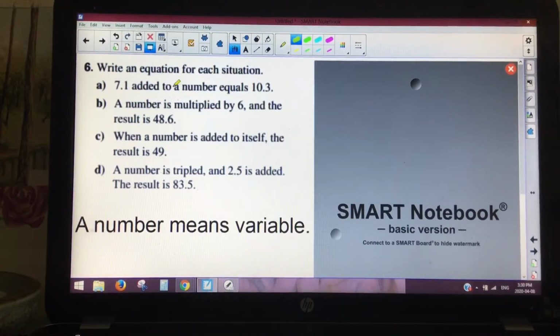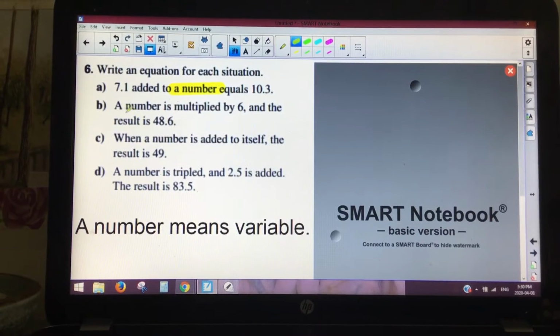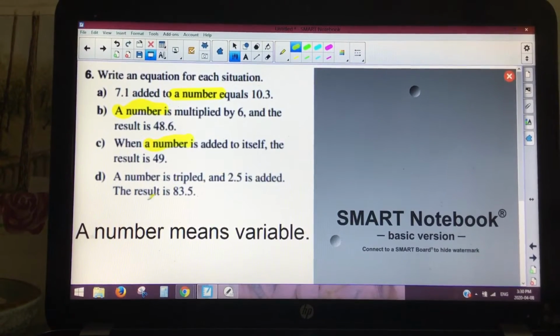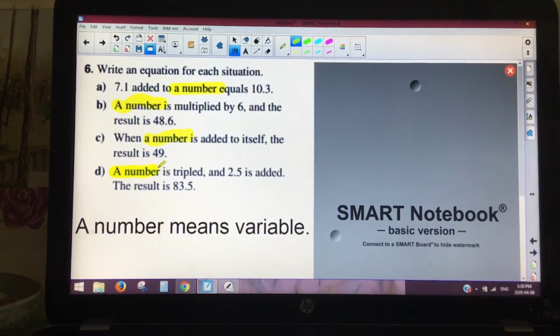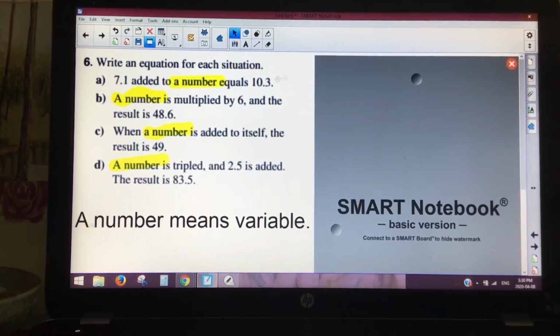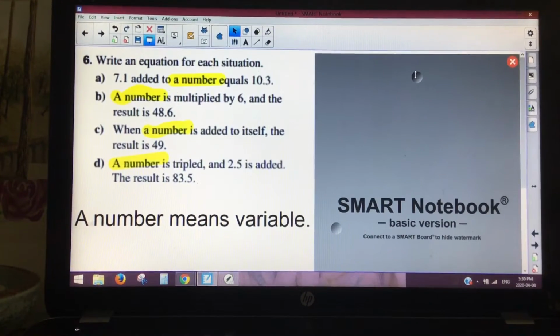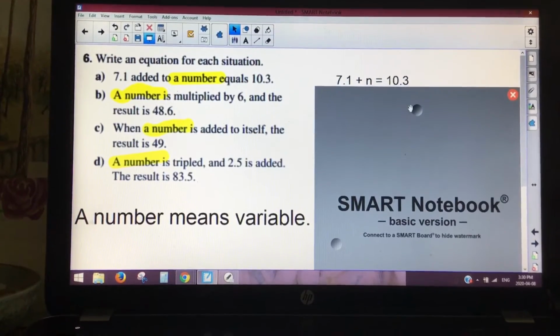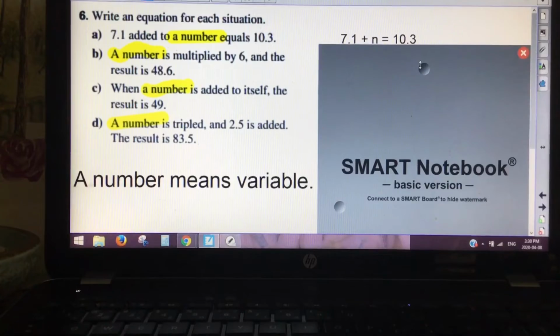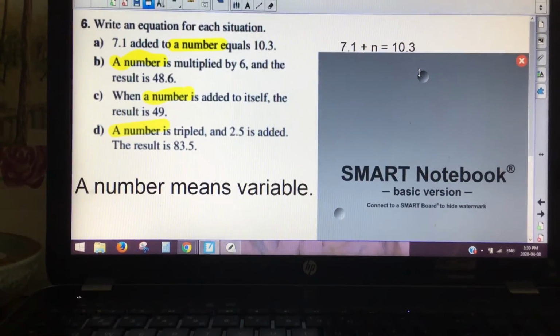But wherever you see a number, that means a variable. A number. A number. You see it's repeated. It's in every single question. That tells us where to put our variable. So 7.1 added to a number is equal to 10.3. It's going to look like that. 7.1 plus my number equals 10.3.